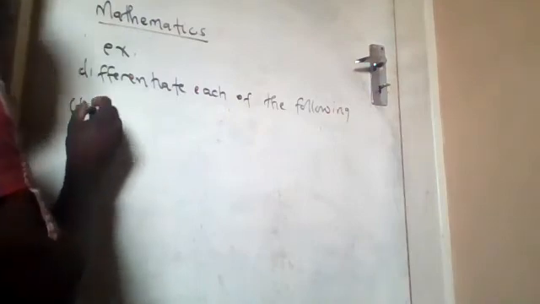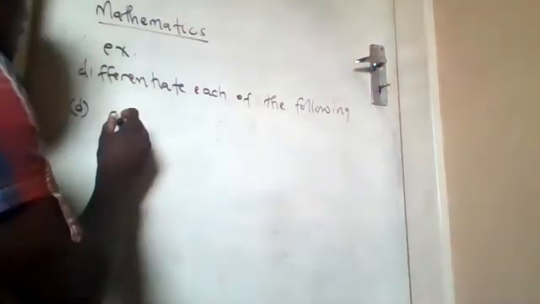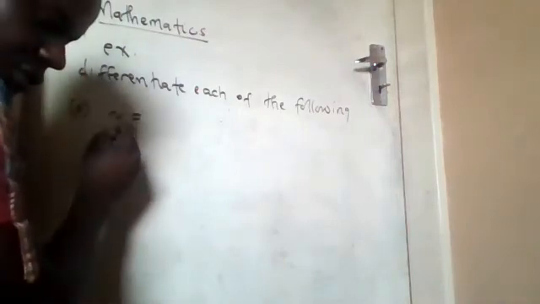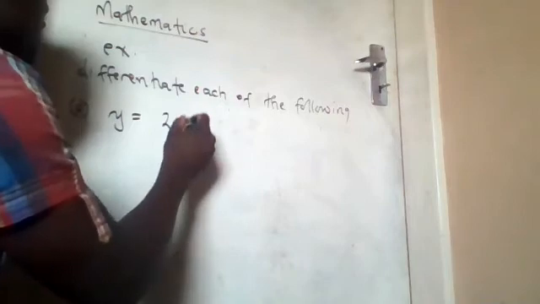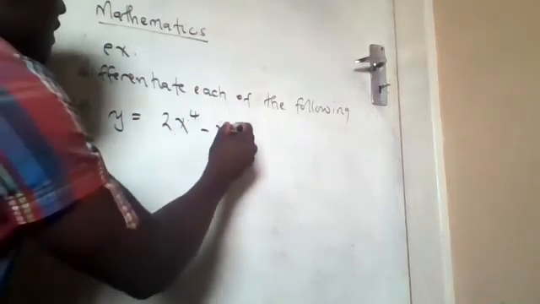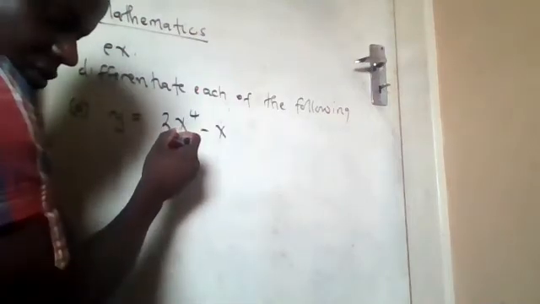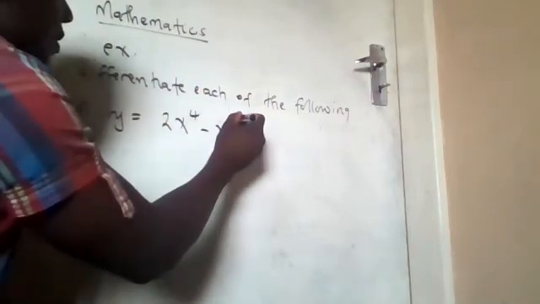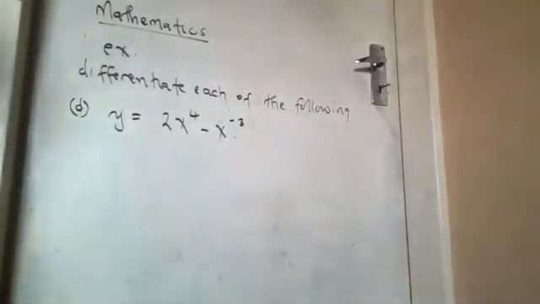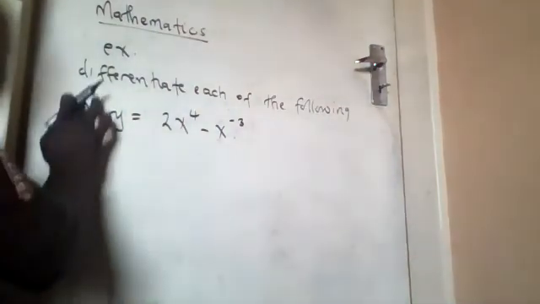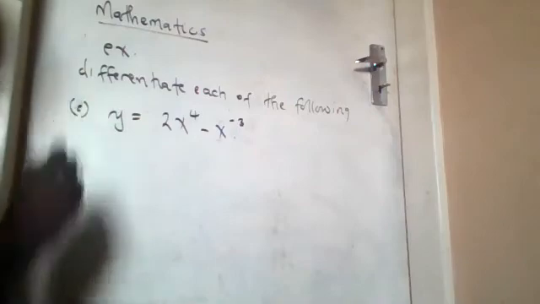Sorry, it's supposed to be E, this one: y is equal to 2x raised to power 4 minus x raised to power -3.